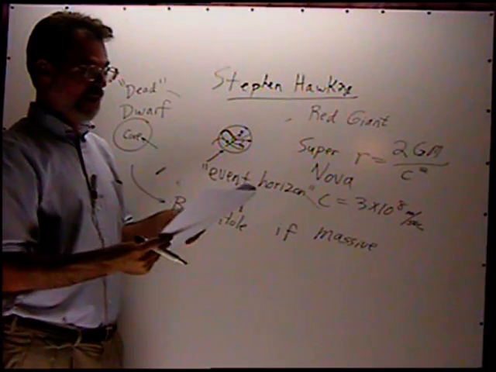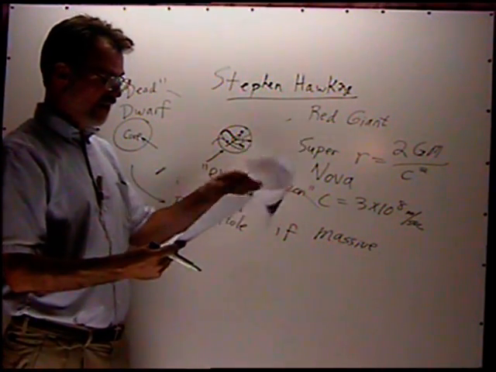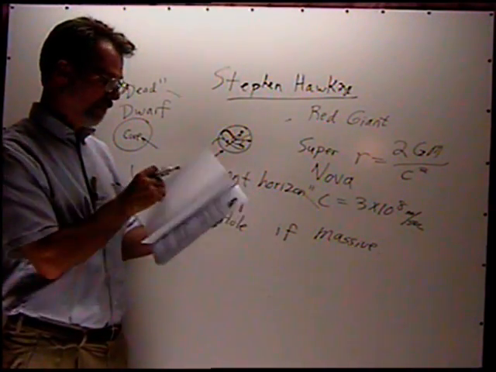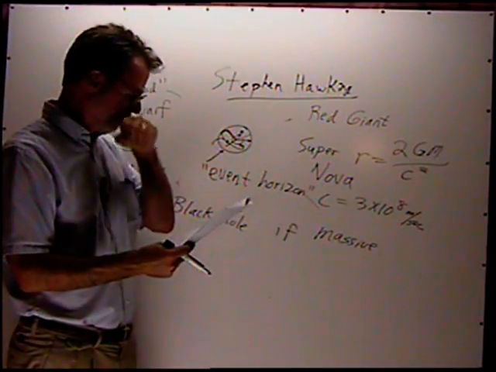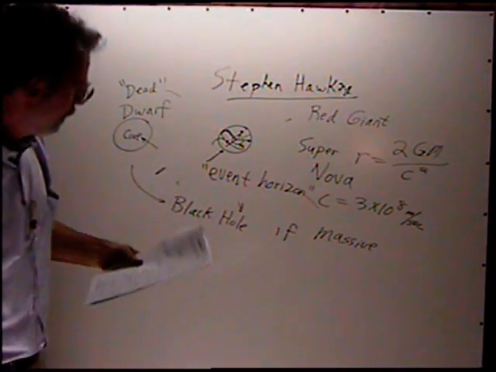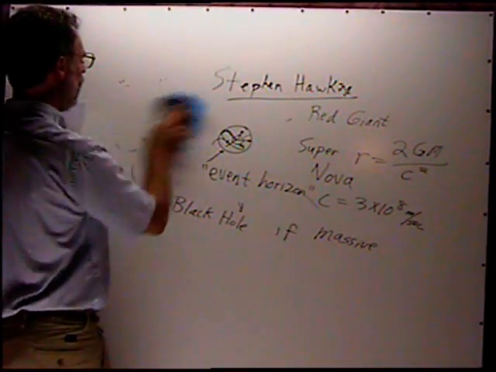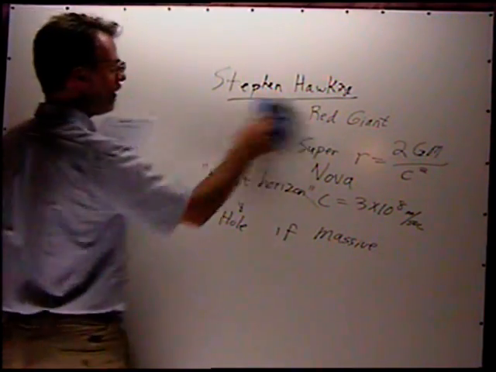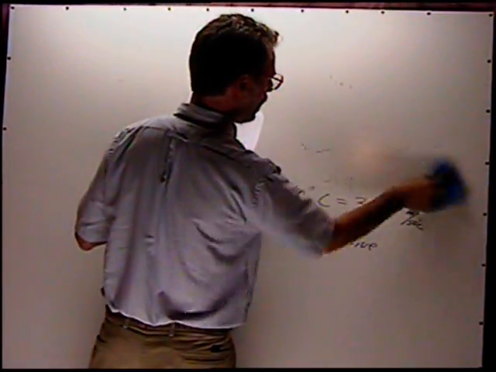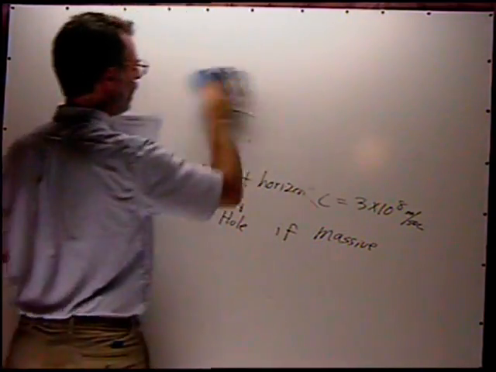The next page, the very last page, or the last 2 pages, is for those of you who are really interested in orbital physics, which is a fascinating subject in and of itself.